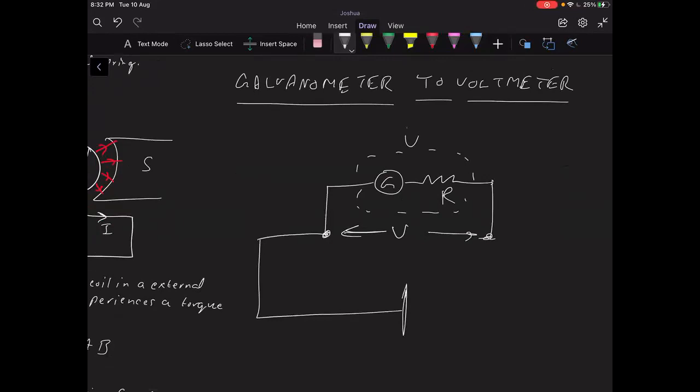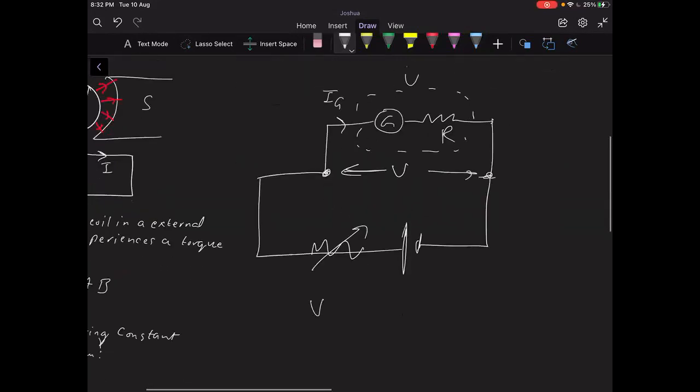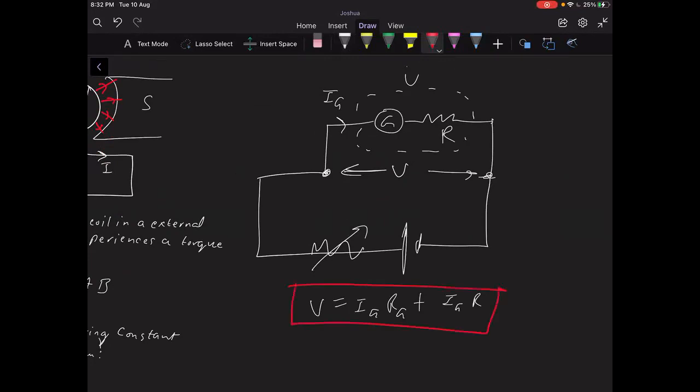And then you have the rest of the circuit. Let us suppose some current IG goes here. So V is equal to IG RG plus IG R. And that's actually the defining equation of the voltmeter.